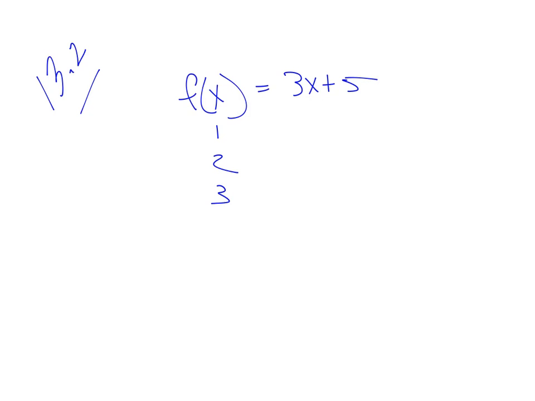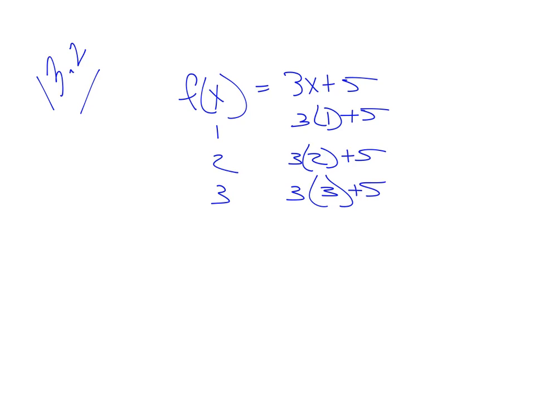My sequence would be the answer I get when I put in 1, 2, and 3. Okay? So the first three terms of the sequence would be 8, 11, and 14.